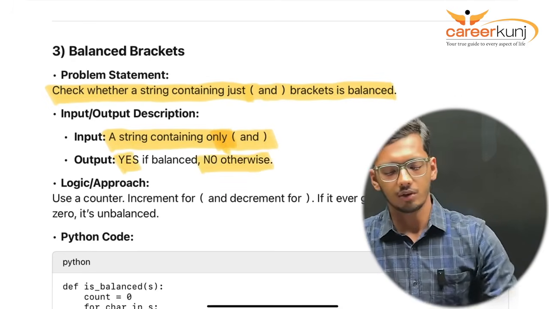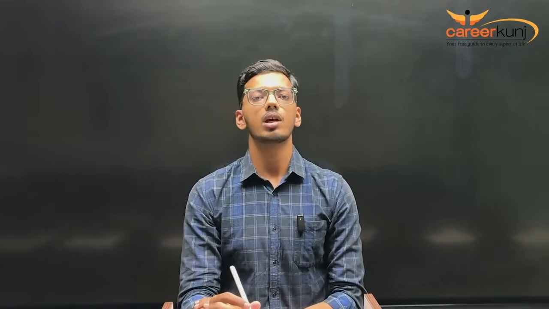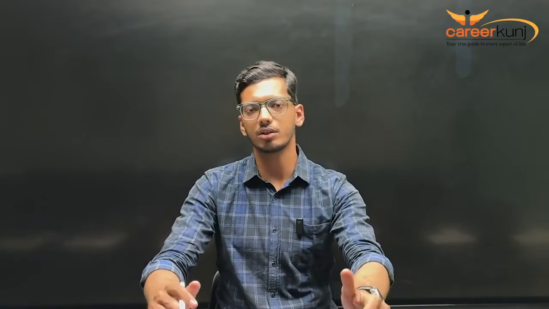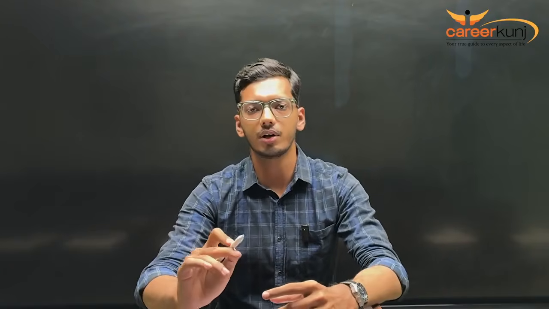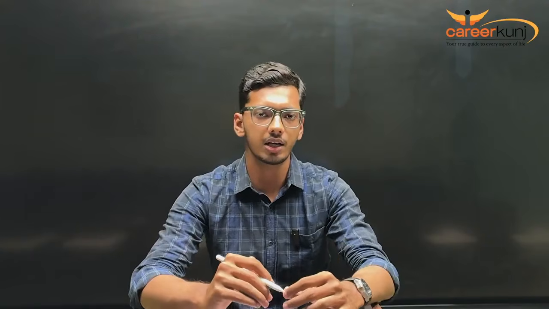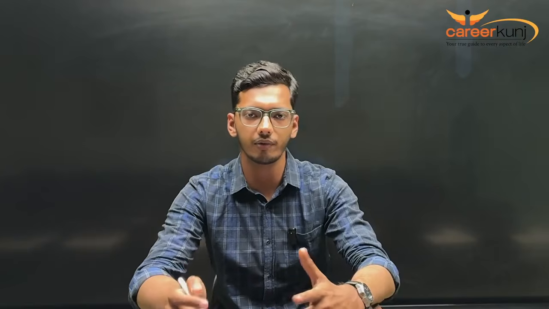All right. So before we start the program, let's go to the approach. What we'll do is use a counter. Whenever I set a value, let's say 0, whenever an opening bracket occurs, I will increase it by 1. Whenever a closing bracket occurs, I will decrease it by 1. Basically, whenever I encounter an opening bracket, I add 1 to my variable.